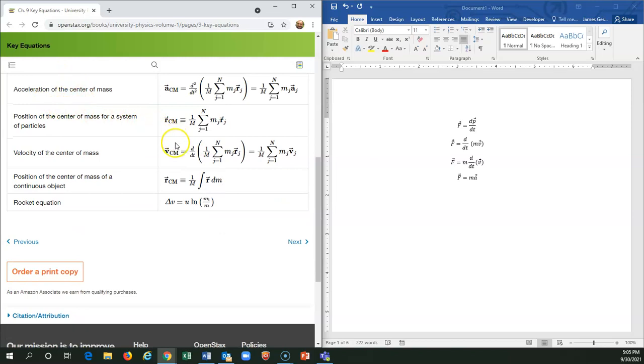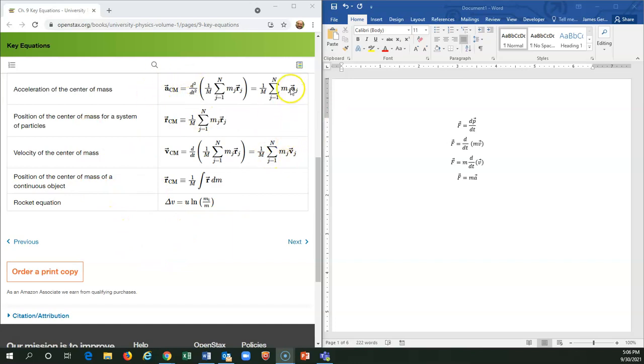Acceleration of the center of mass is just a second derivative, right? And the center of mass is 1 over M, where M is the total mass. So M is m1 plus m2 plus m3, 1 over total M, onto the sum of m1 times r1 plus m2 times r2 and so on, all on the top, of however many n you have.